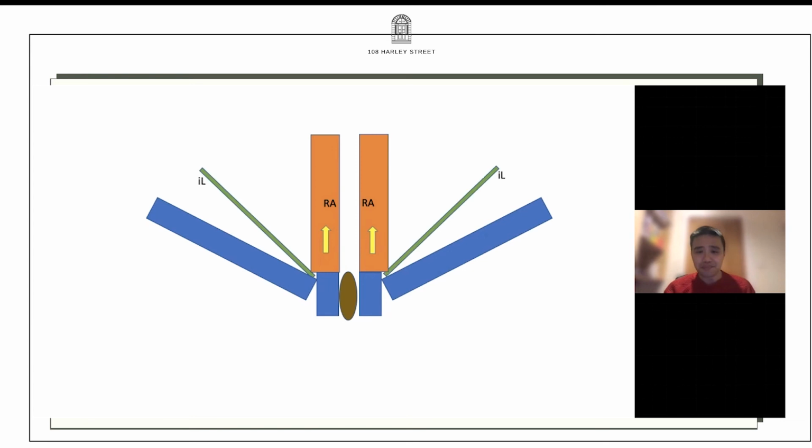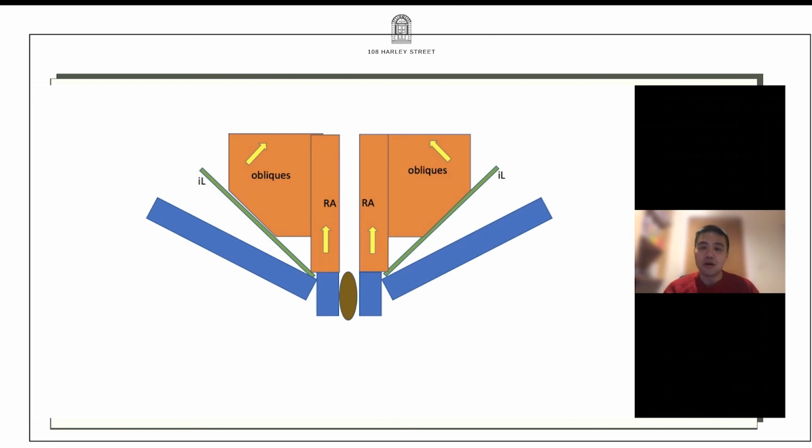Now, of course, we must not forget there is an inguinal ligament going down there attached to the tubercle. And then the obliques are attached to the inguinal ligament. When the obliques contract, they will actually create a slightly diagonal force. So the overall vector, or overall force generated by these two muscles, is pulling the pelvis inwards.